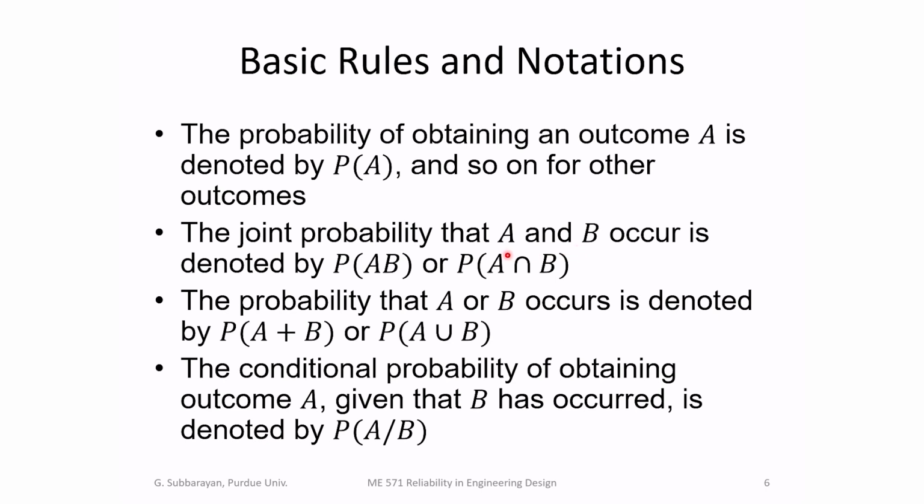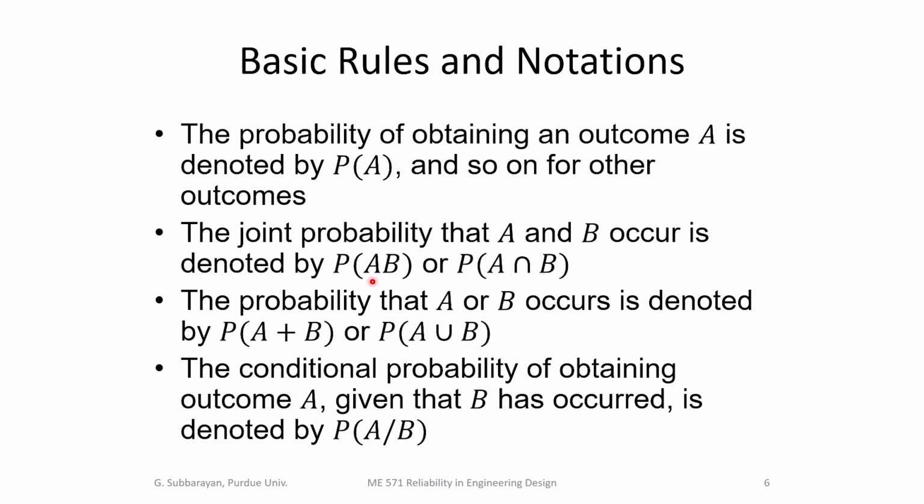A might represent the event that a coin toss results in a tail, and B might represent the event that a coin toss results in a head. Then we can ask the question, what's the probability that A and B will occur together?